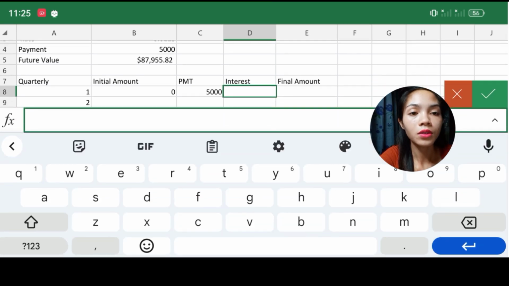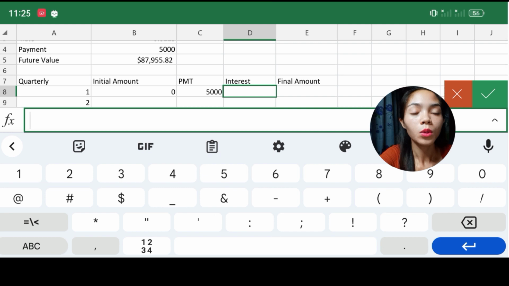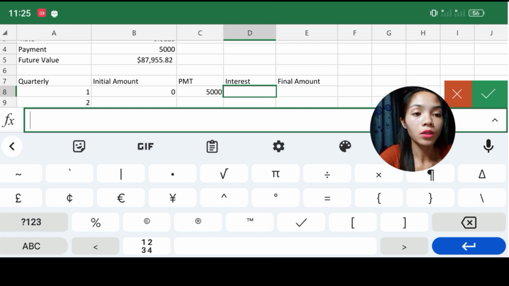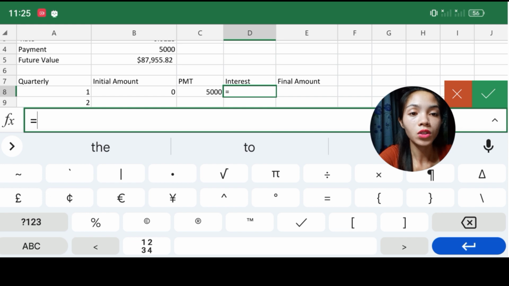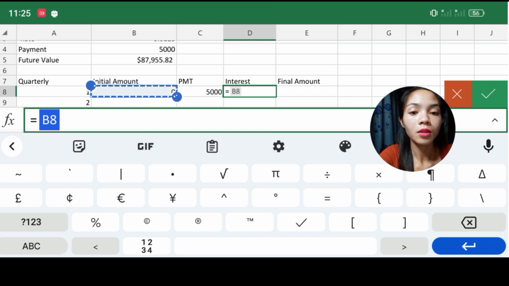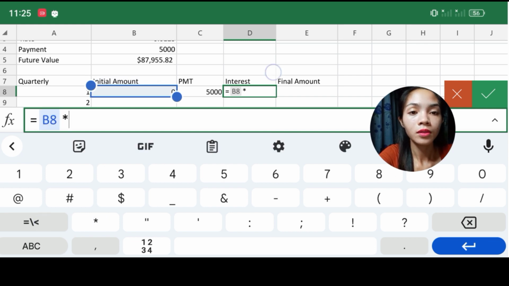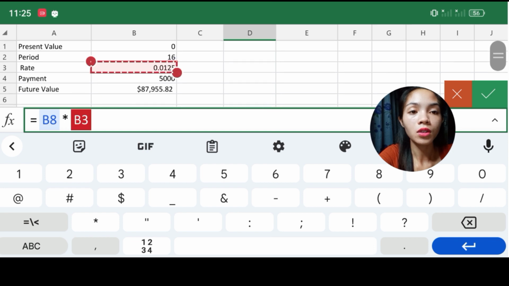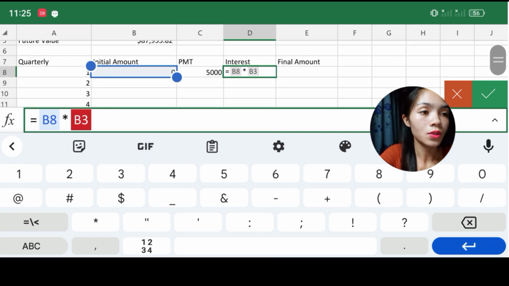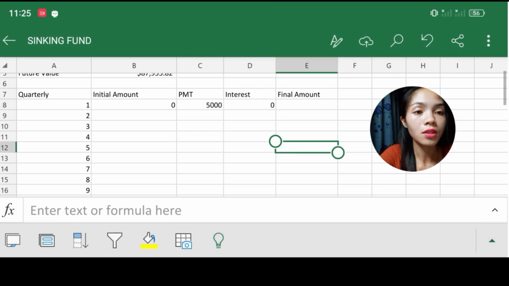For our interest, we multiply our initial amount and the rate. We put an equal sign, click the first initial amount, which is 0, and multiply by our rate, which is 0.0125. Check. It is 0, since we started with nothing.